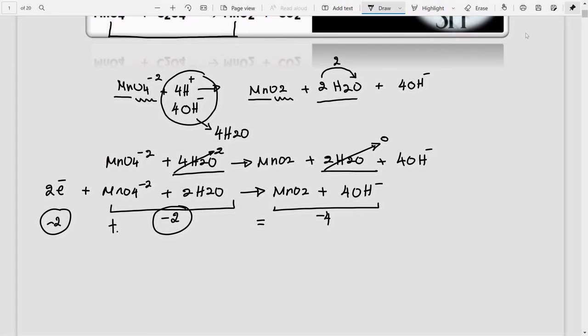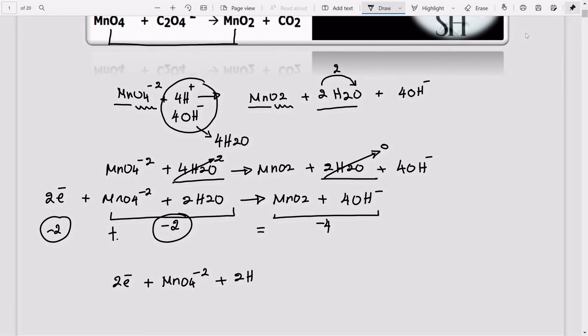So my half reaction after balancing is 2 electrons plus MnO4 minus 2 plus 2H2O will produce MnO2 plus 4 OH minus. Again, I repeat, all of my elements are completely balanced as well as my charge.